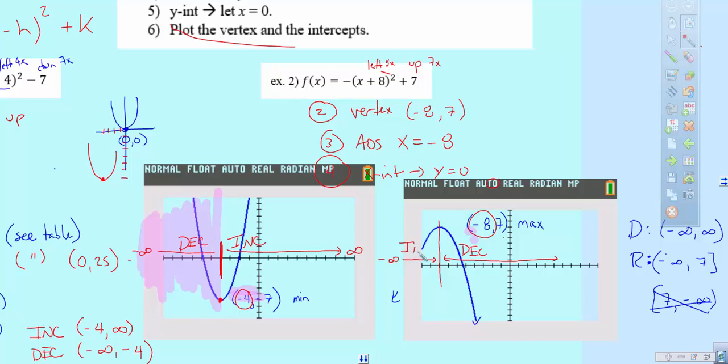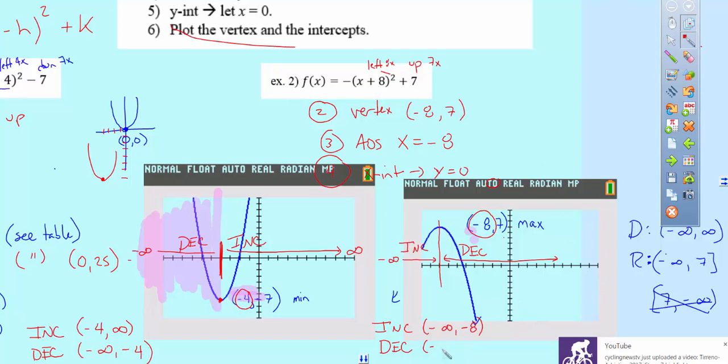The other would be an increasing interval because my graph is going uphill. So in this particular case, my increasing interval would be from negative infinity to negative 8. My decreasing interval would be from negative 8 to positive infinity. Remember that we want to be grammatically correct, so we put the smaller number first and the bigger number second.